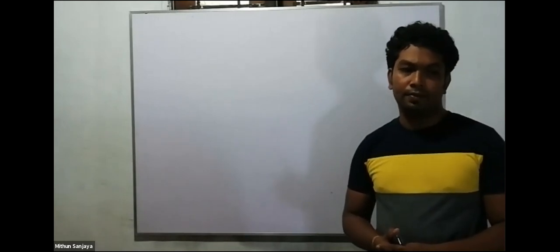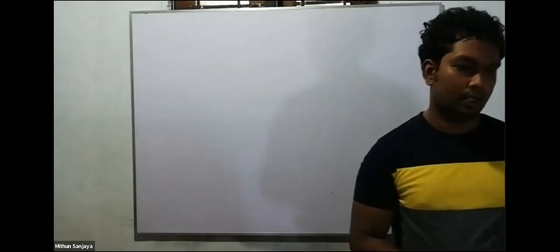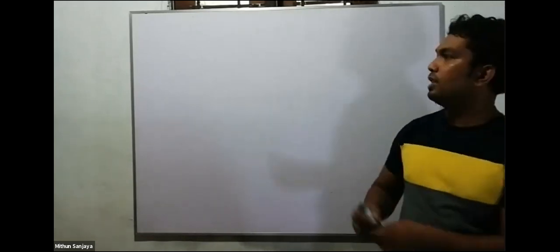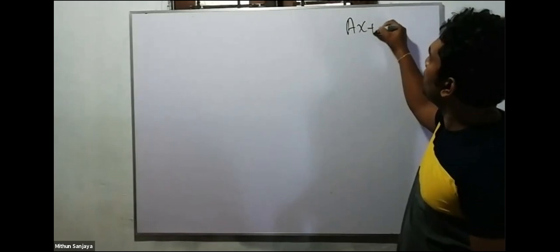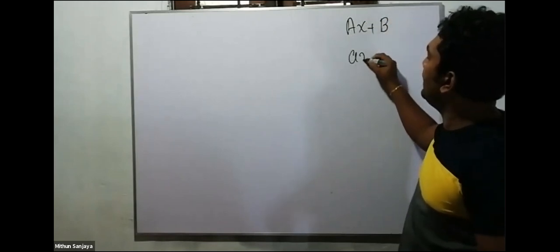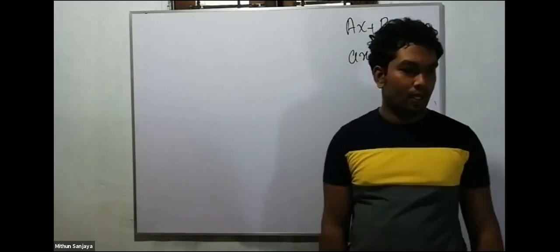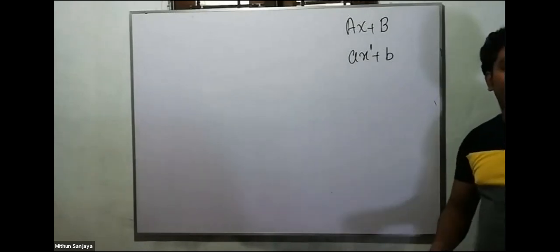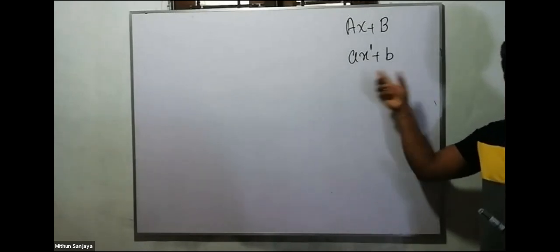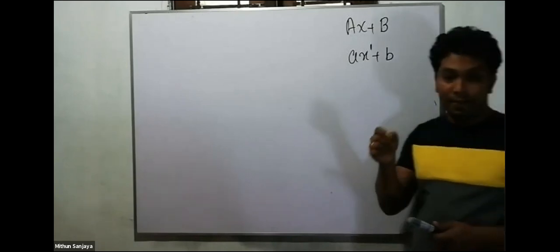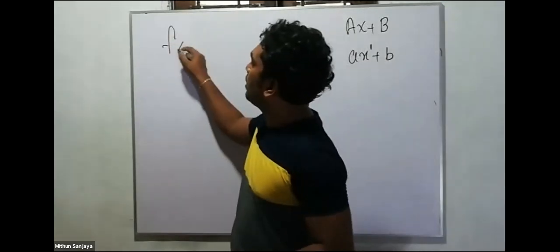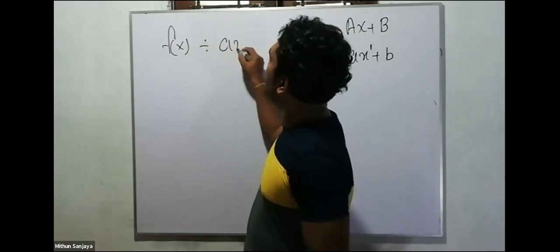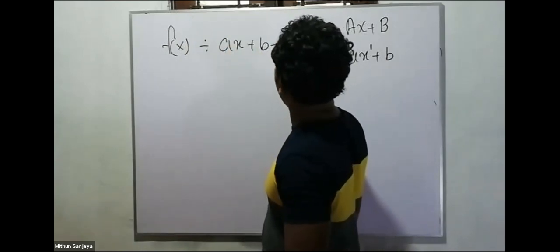The expression is in ax plus b form. If x has the power 1, then we call it linear. So what happens there? A function divided by a linear function, then we can get the remainder.